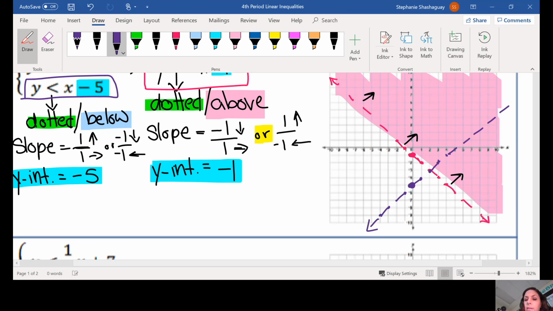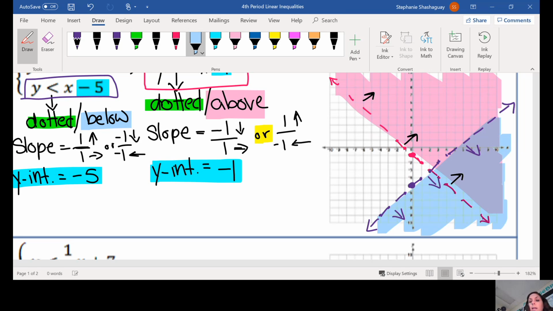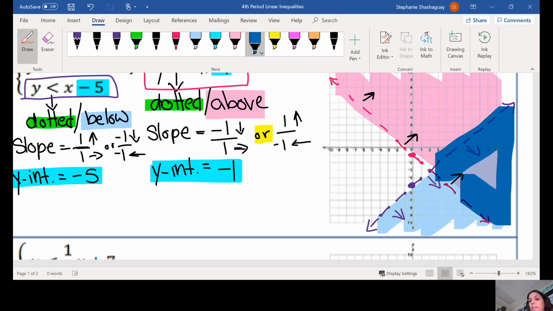Okay. So this is my second line, and it says I am shading below. So this is the area that I need to shade. And so my solution for this system is going to be everything that's in this dark blue area.